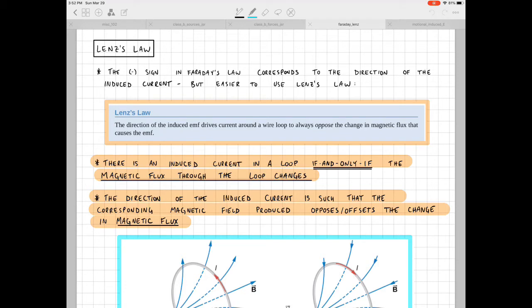So Lenz's law is the idea that if the magnetic flux through a loop is changing, then you have an induced current. And the induced current is going to be in the direction such that the B field produced by that induced current is opposing the change in the magnetic flux.